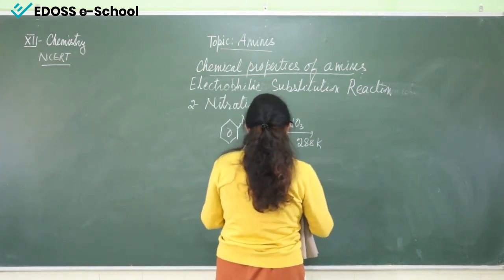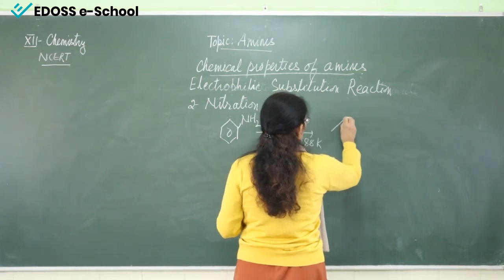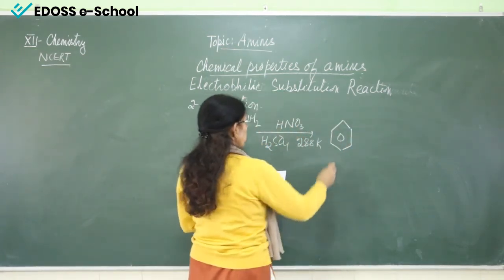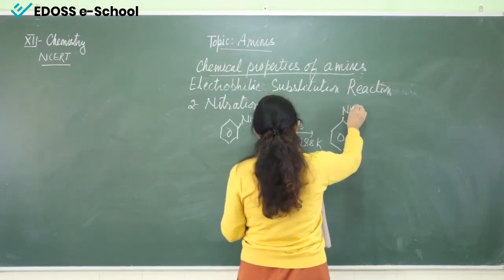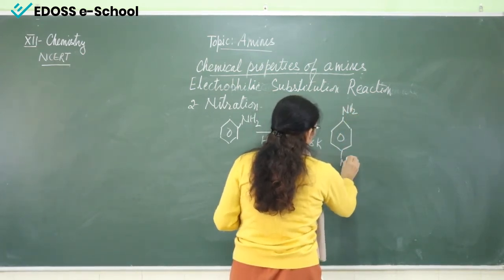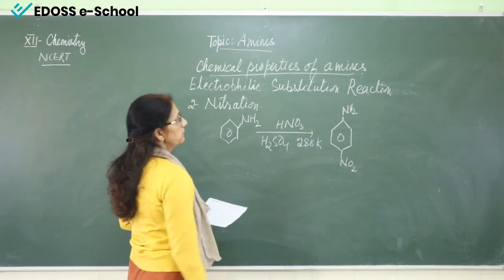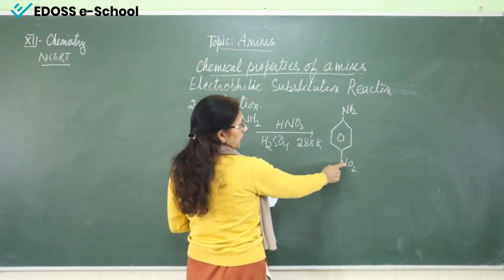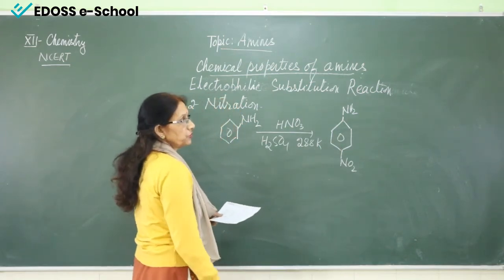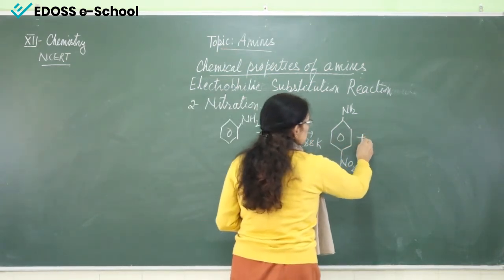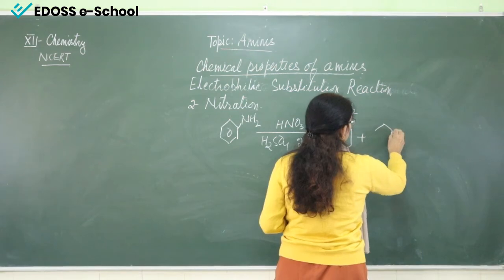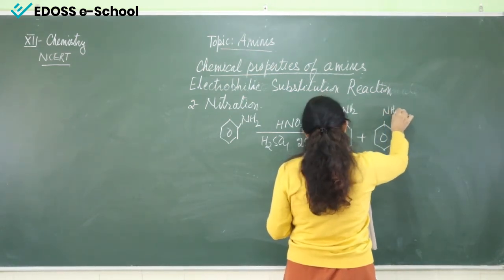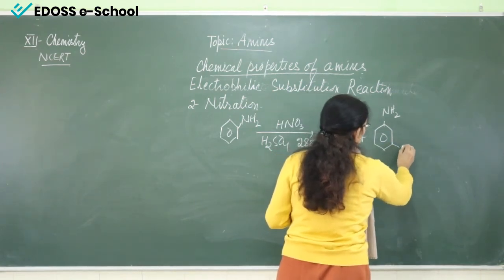So what happened? Here you can see this is para nitro aniline. The nitro group is at the para position, and NO2 is at meta.